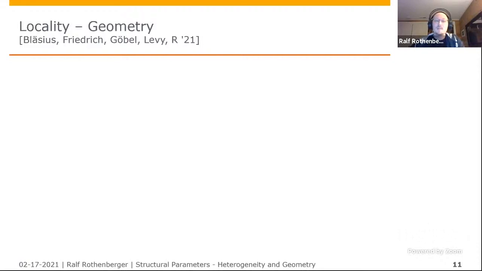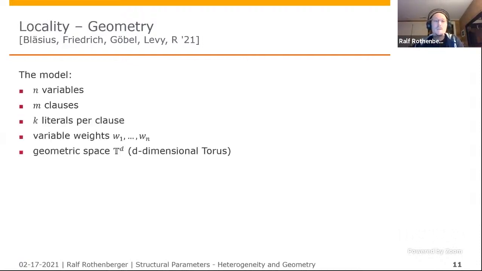We immediately get some measure of locality by assuming an underlying geometry. More precisely, we consider a model with the following parameters. Again, we have n variables, m clauses, and we also assume the width of the clauses to be k. But we can also assume some variable weights, again, for example, power law weights, and we assume that our variables and clauses have positions in some geometric space, for example, a d-dimensional torus.